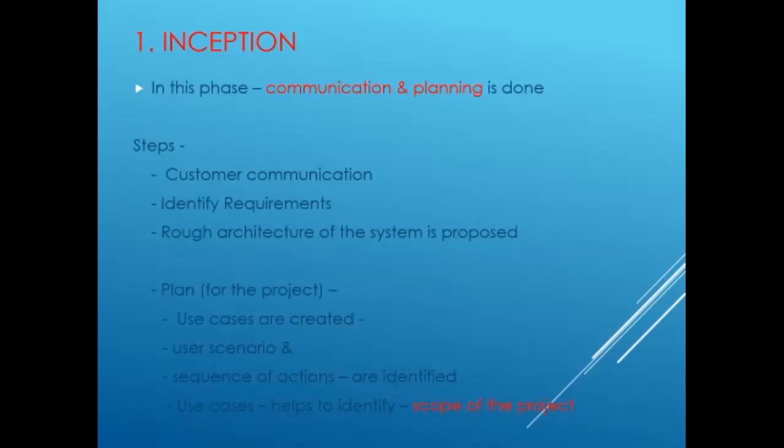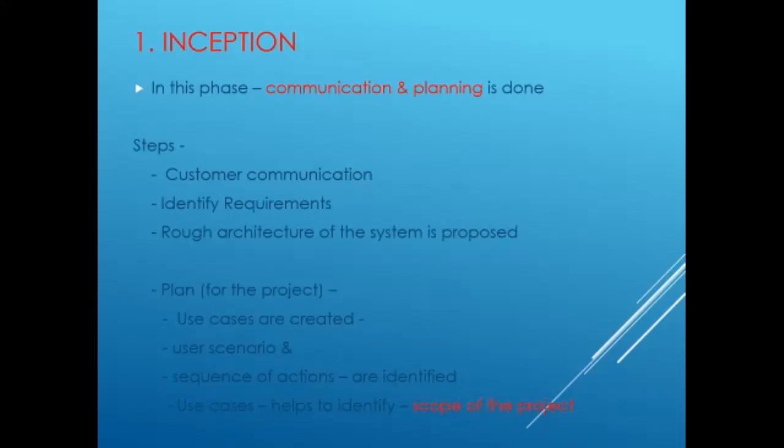In this step, among all the requirements, the requirements which are used for the software development process are identified. Third one is the rough architecture of the system is proposed. Next step is plan for the project.